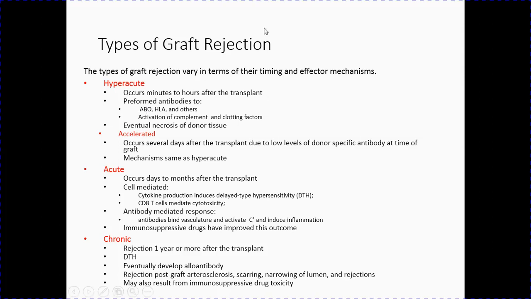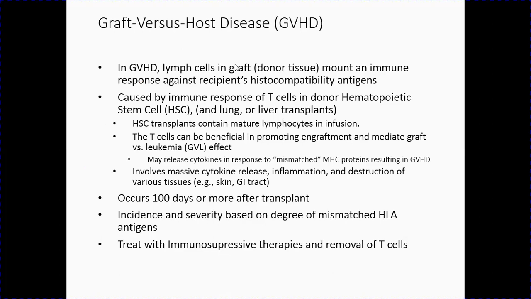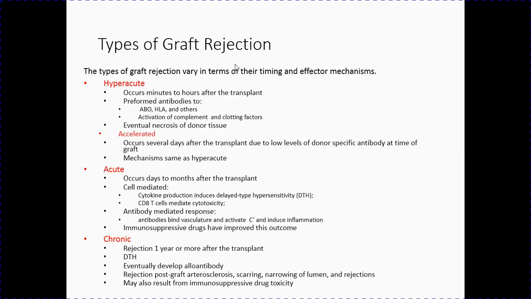So it's not a really common reaction anymore because transplants are really carefully paired up for ABO compatibility, and they're screened constantly for preformed HLA antibodies. So it's not as common as it used to be, but it does still happen. And again, it occurs minutes to hours after the transplant.